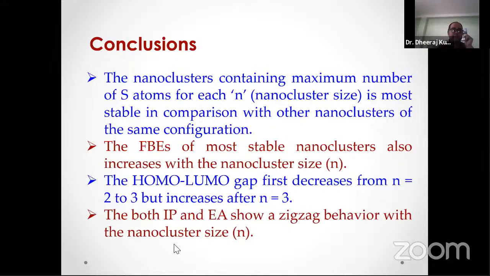The second conclusion is that the final binding energy of the most stable nanoclusters also increases with the nanocluster size. The HOMO-LUMO gap variation also shows that up to 3 atoms it decreases, and after that it increases. IP and EA mean we have also calculated ionization potential and electron affinity. They show a zigzag behavior. Next slide.